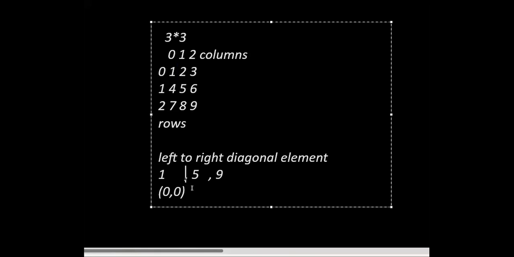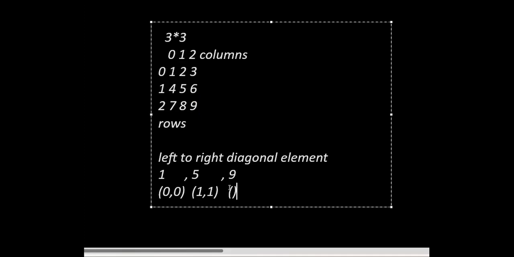So now let us see where 5 is present. 5 is present at first row, first column. So I have written the same thing. Now you can tell me where my 9 is present. At which row and which column? Second row, second column, my 9 is present.